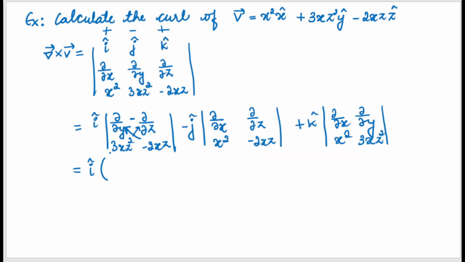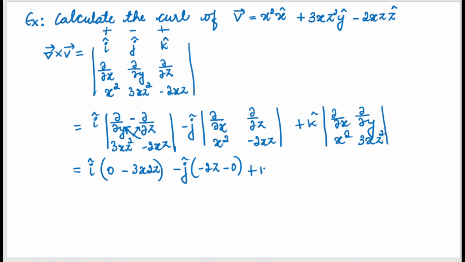So if I do one set, it will be clear to you. So ∂/∂y with respect to −2xz, there is no y term, it will be 0. Here we have a z term, minus with respect to z means it will be 3 times x into 2z, right? I hope it is clear. Minus j cap: with respect to x, it will be −2z, minus with respect to z, there is no z term, 0.